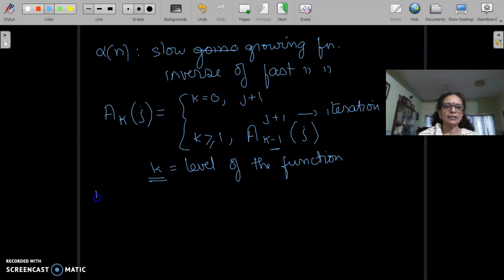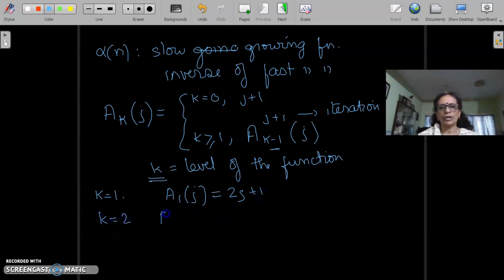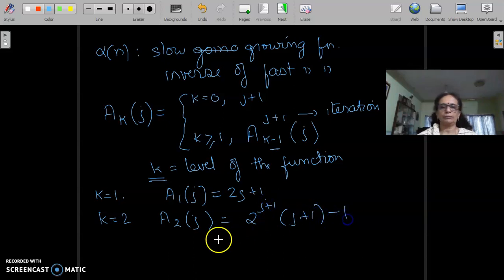We had said that when k equal to 1, we had a relation which said that a_1(j) is equal to 2j plus 1. And then when k equal to 2, we have a relation which goes as a_2(j) is equal to 2 raised to j plus 1, into j plus 1, minus 1.